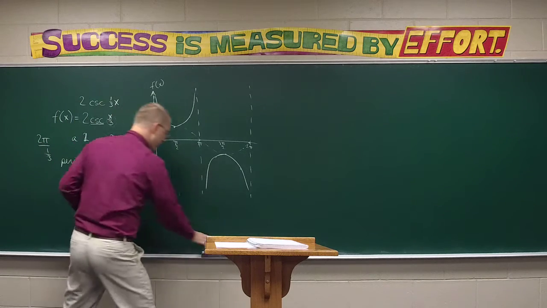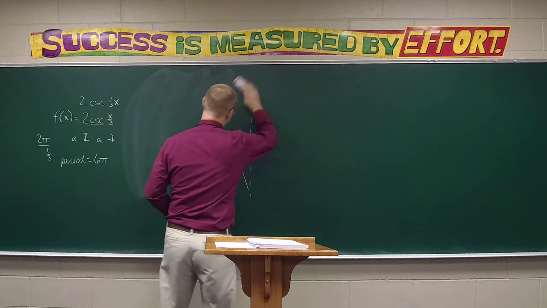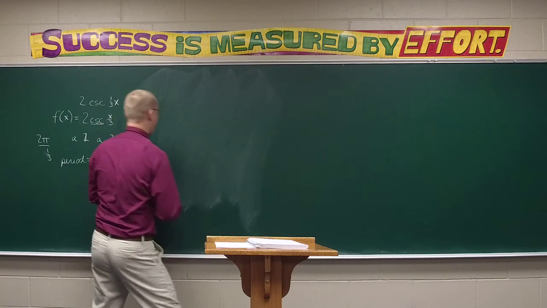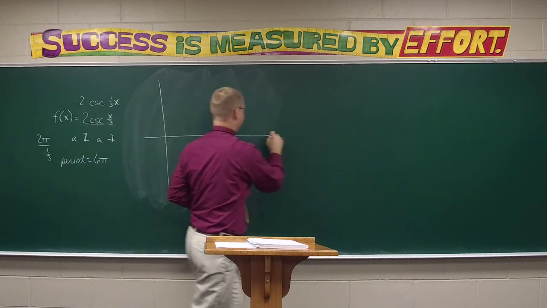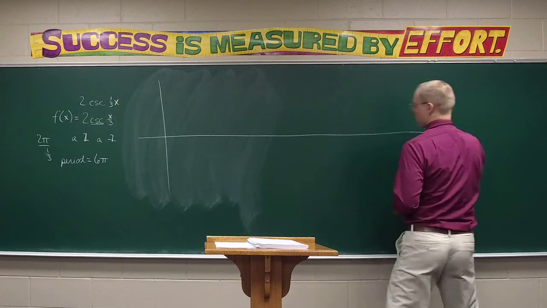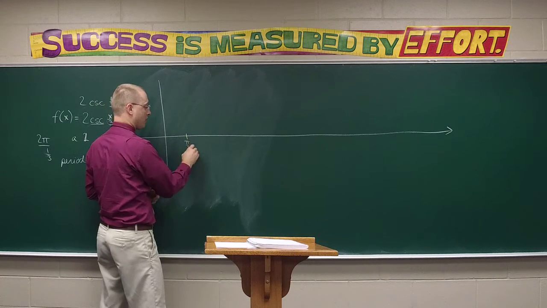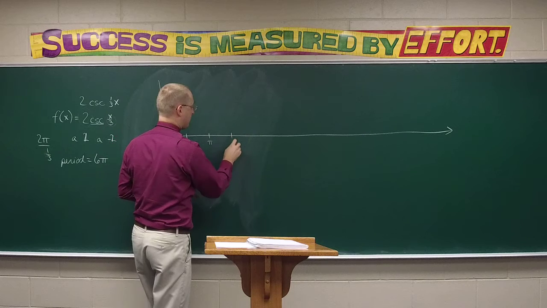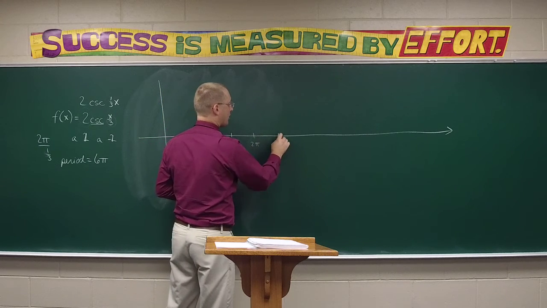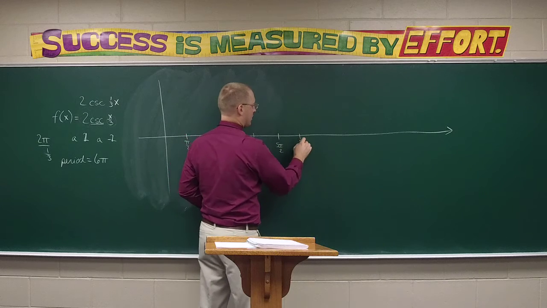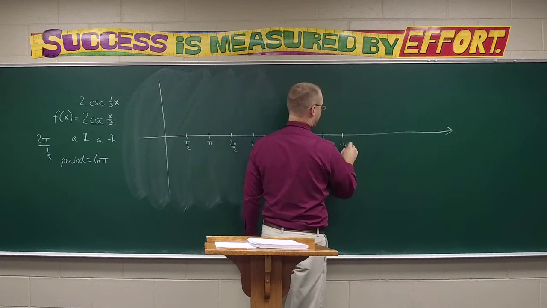So when we go to graph this, I didn't do it right, that's why it was extra credit. I don't have my graph paper grid up here, but we're going to have fun with this anyway. The period is 6 pi. So every 3 boxes is pi over 2. Then 3 more boxes, pi. 3 more boxes, 3 pi over 2. 3 more boxes, 2 pi. 5 pi over 2. 3 pi. 7 pi over 2. 4 pi.